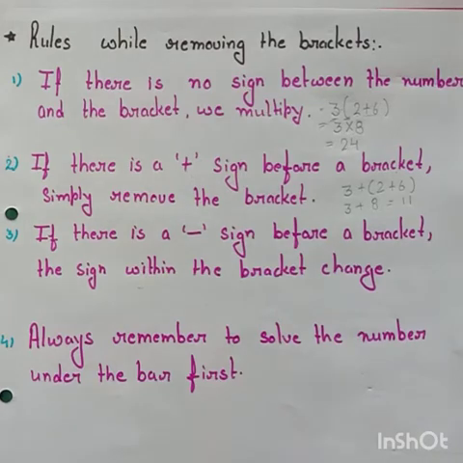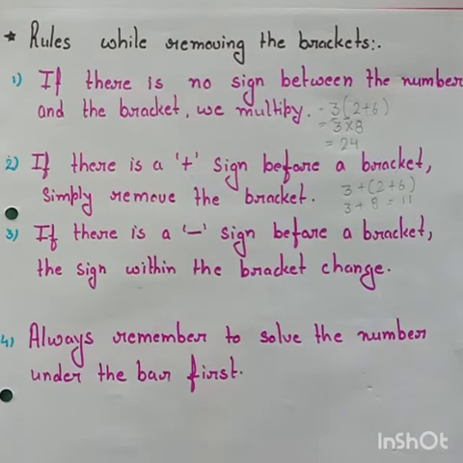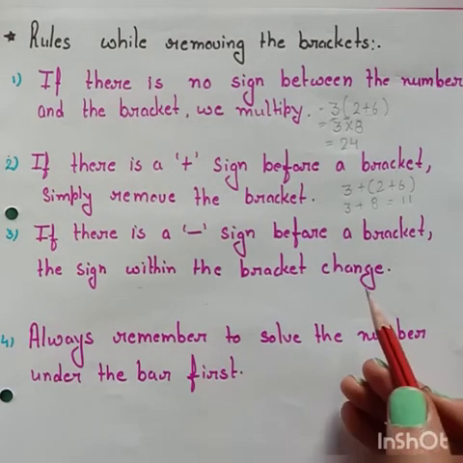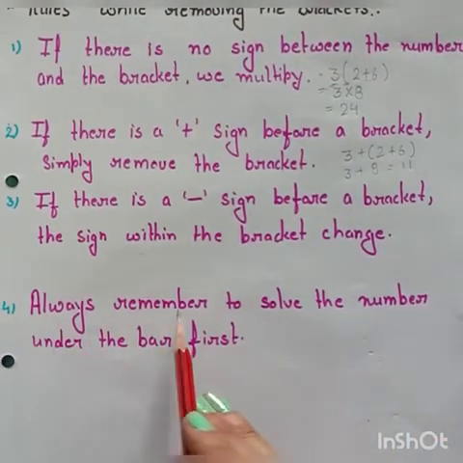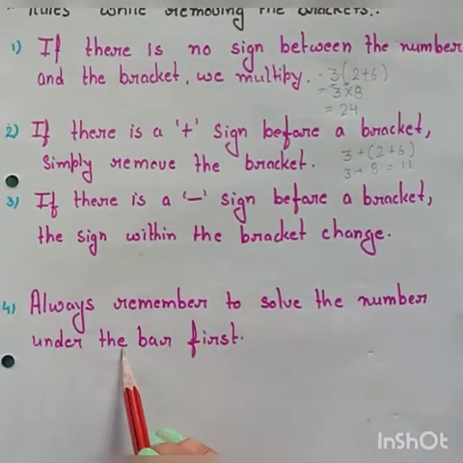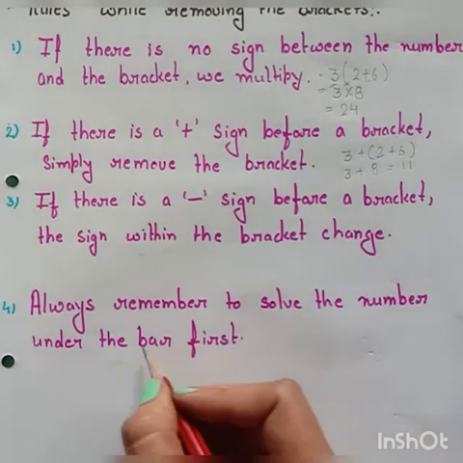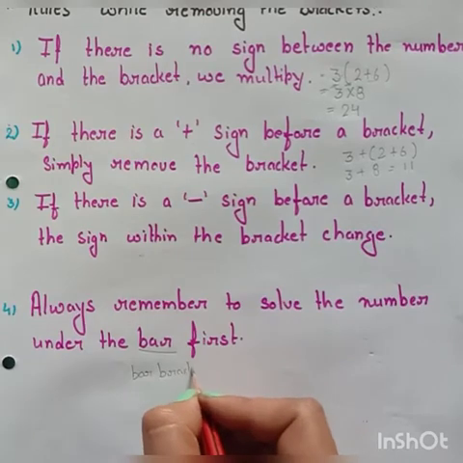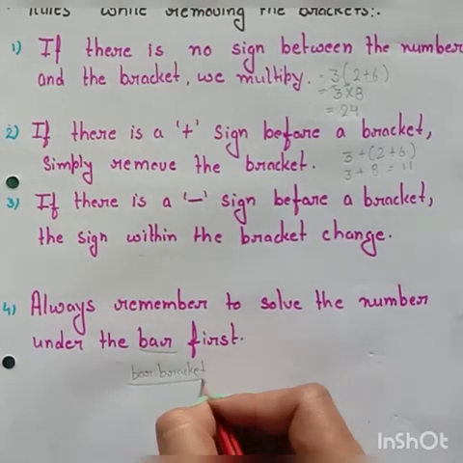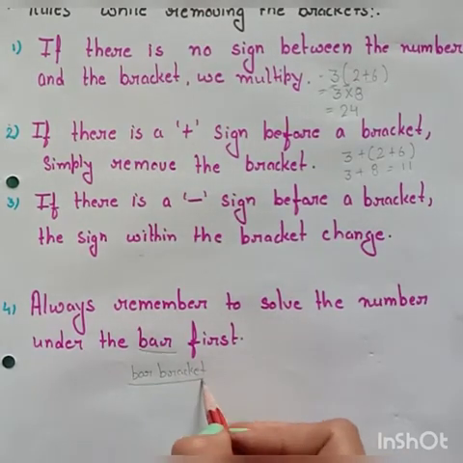The signs you have within the bracket change. This I will be telling you while we are doing a question. Last, always remember to solve the number under the bar first. Bar means the bar bracket. First solve the number under the bar bracket.